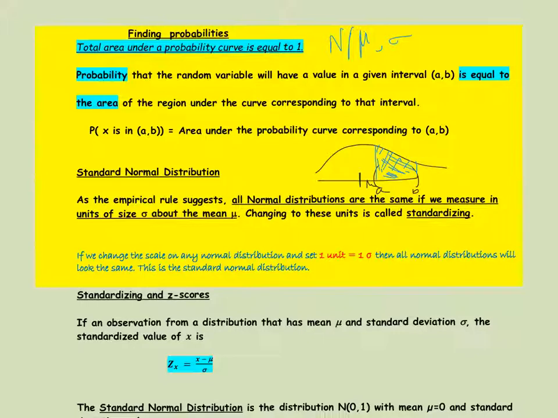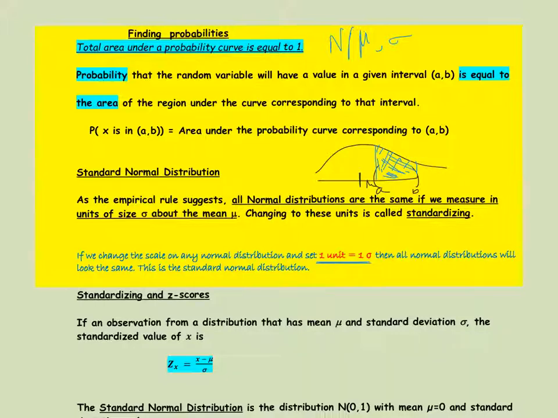Now let's look at the standard normal distribution. Any normal distribution can be converted to the standard normal distribution by changing the scale of the measurements on the x-axis.